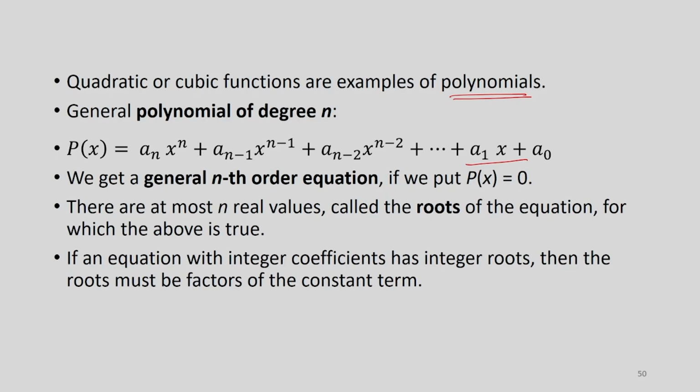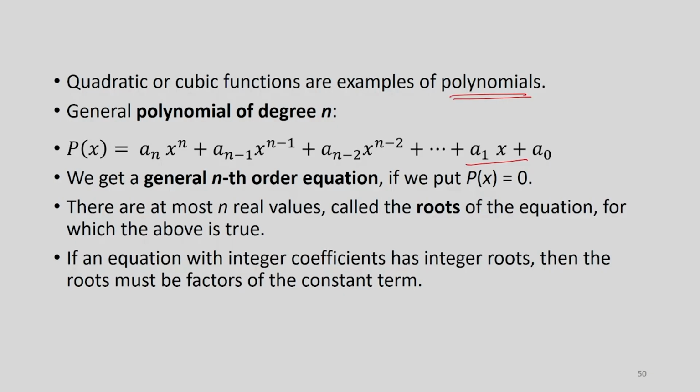So, you can see that the subscript of a always matches the power of x. In fact, the last term you can say is a_0 multiplied by x^0, and we know x^0 is equal to 1.